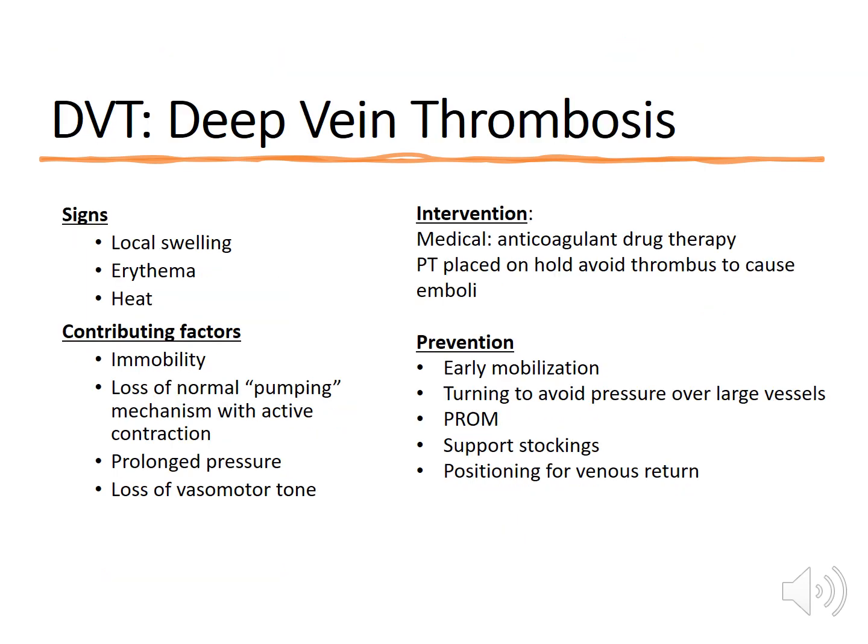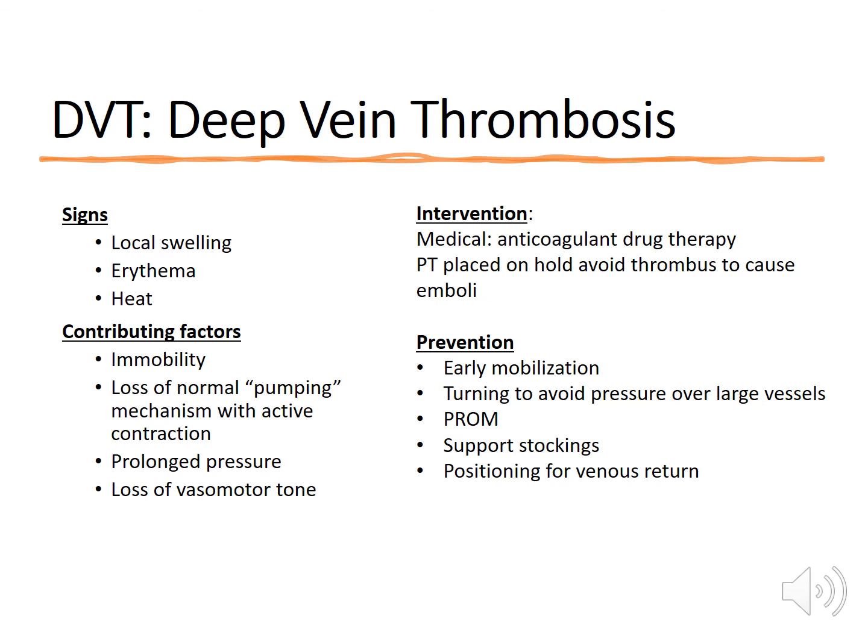Deep vein thrombosis, or DVT, is one of the other secondary medical complications. It is very important for you to be familiar with the signs. So, local swelling, erythema, and heat are typically some of the signs that you will see.